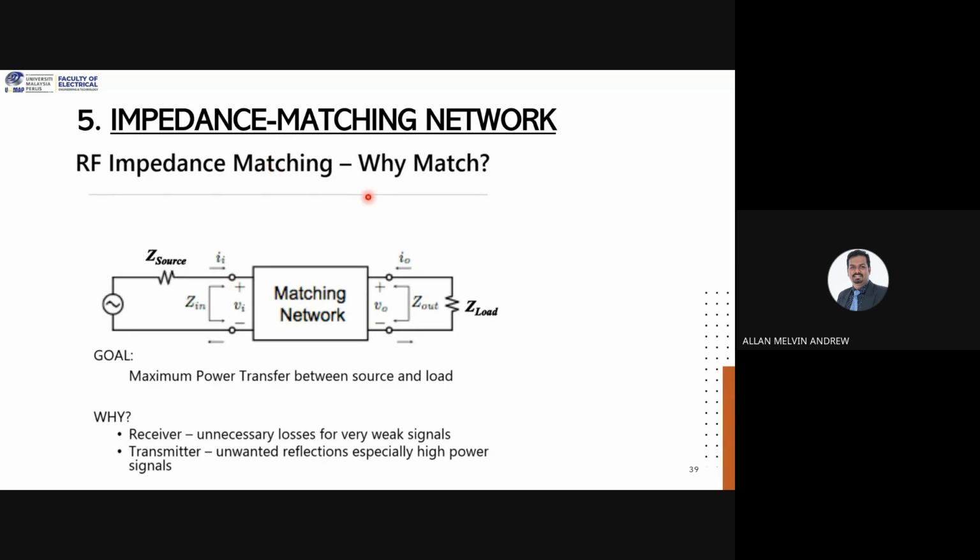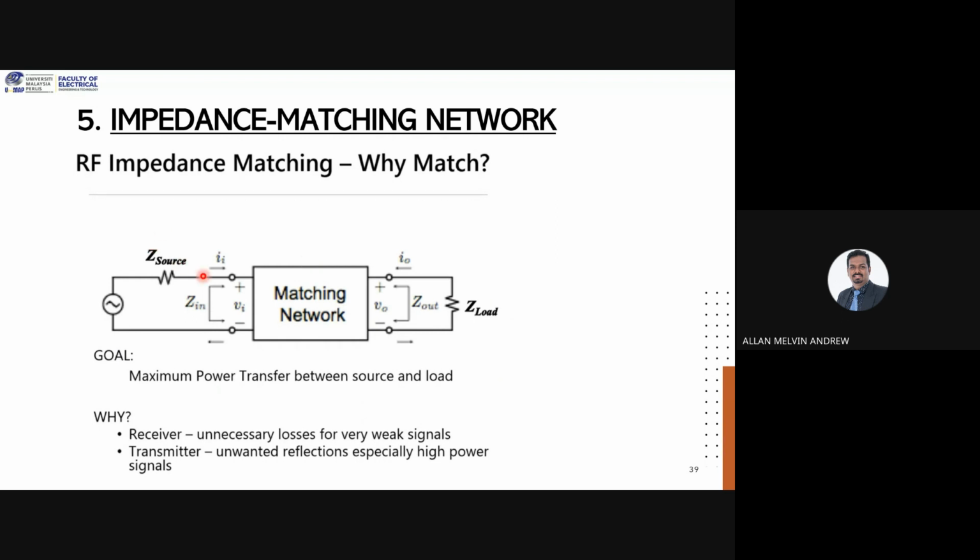We already know: the modulated signal, already modulated and amplified. That is considered as the source. Okay, so it will be here, and when you are passing through this matching network, it will ensure that the amount of source you are giving and the amount received is maximum. So that's the goal of this matching network.